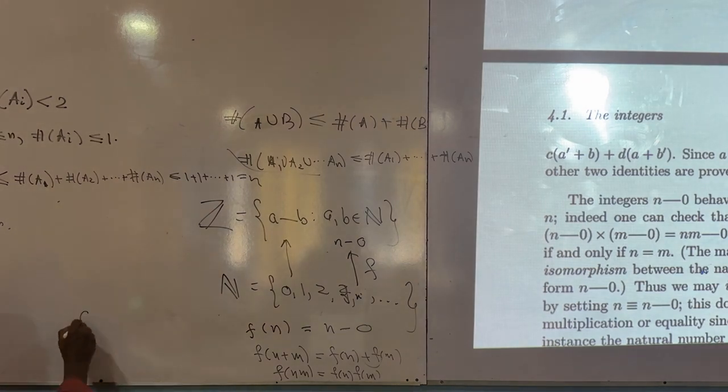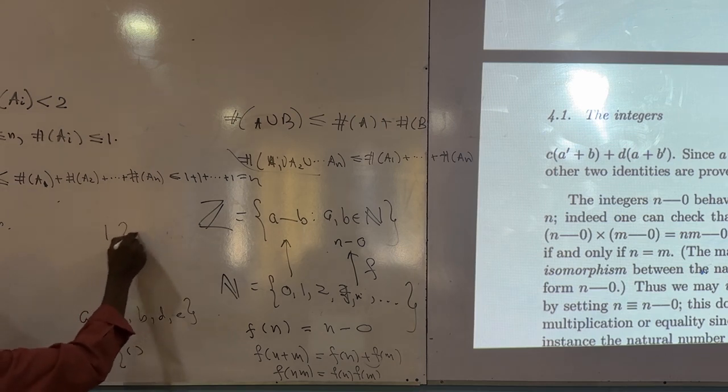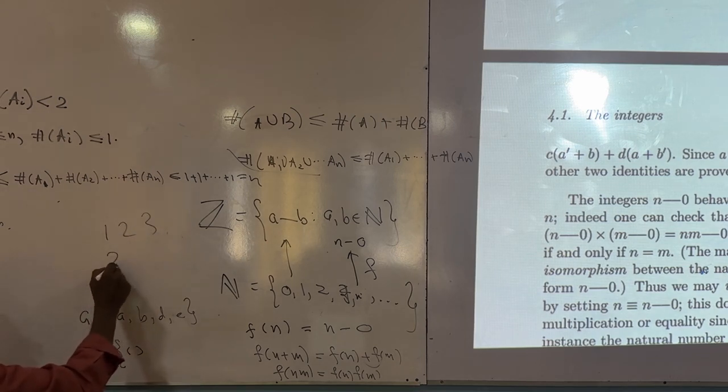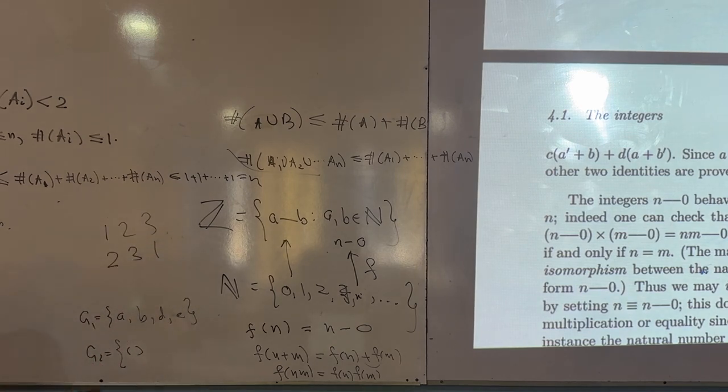One group has, let's say, A, B, C, D, E, for instance. I will bring a good example next day. This is G1, another group may be permutations. Permutation, you know, permutation means 1, 2, 3, 1 goes to say 2, 2 goes to 3. You know the word permutation, no?